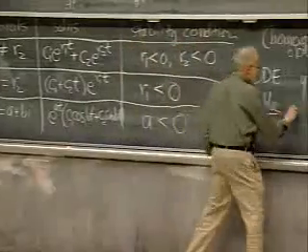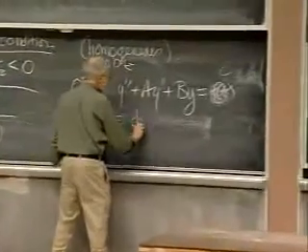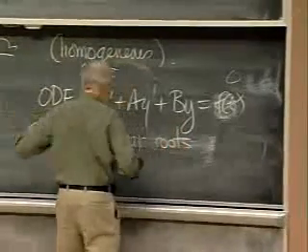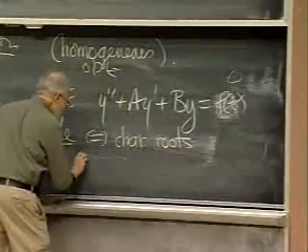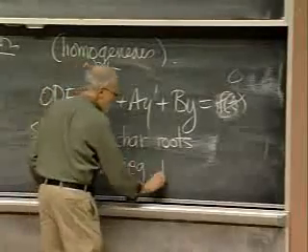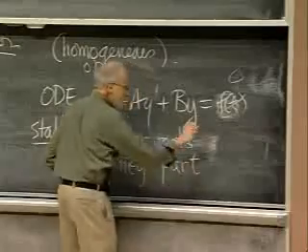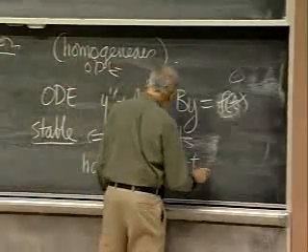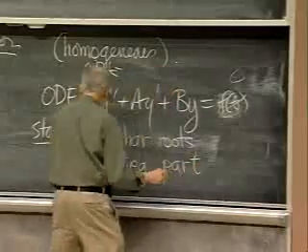If the characteristic roots, the r's or the a plus or minus bi, have negative real part. That's the form in which, you know, the electrical engineers will nod their head, tell you, yeah, that's right. Have negative real parts, sorry.